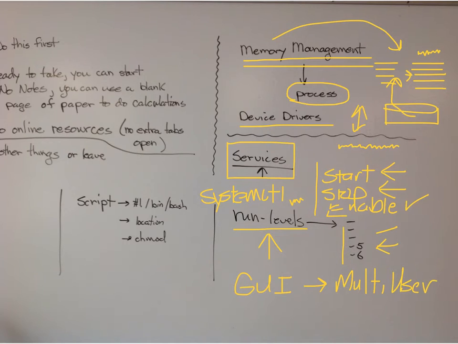Another reason we boot to lower run levels, we load different things. So you can boot to where a lot of the services are not loaded. And you can do that to troubleshoot.